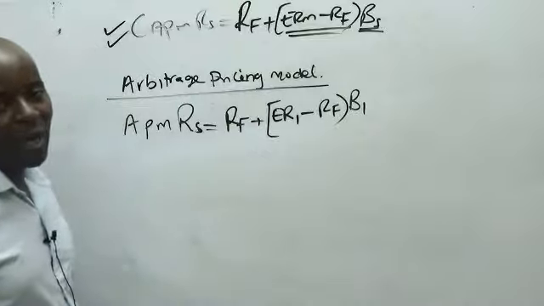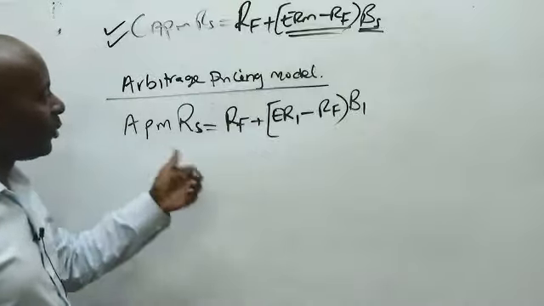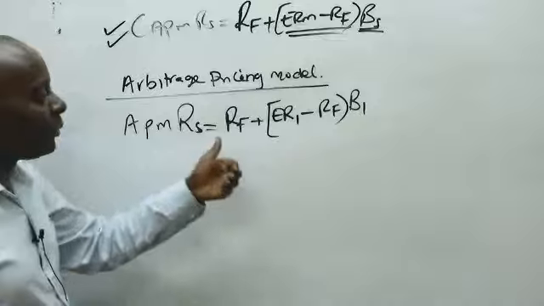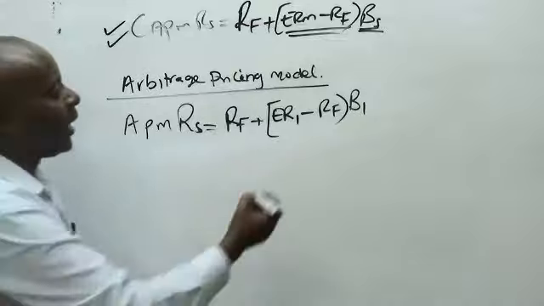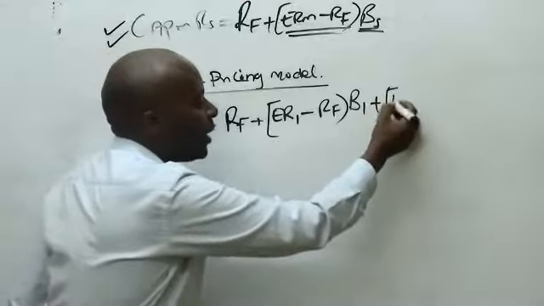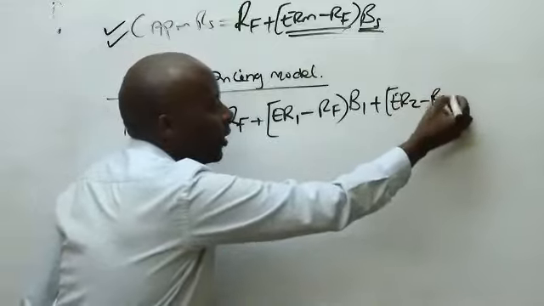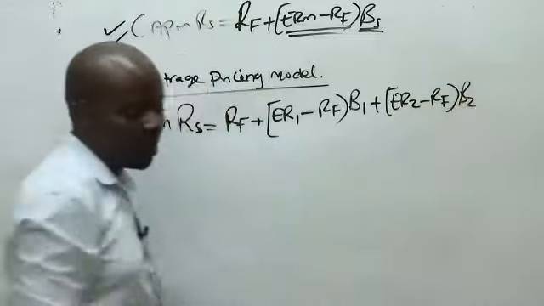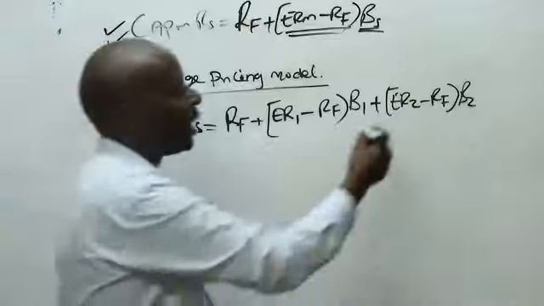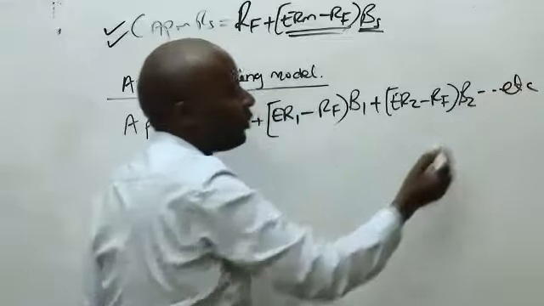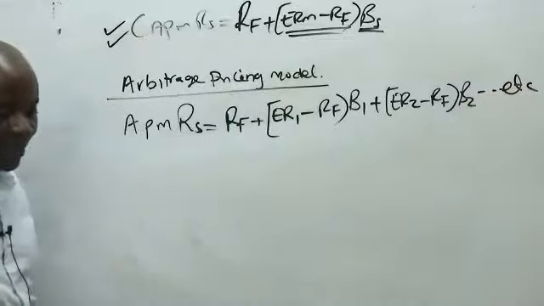I told you that APM is a multiple risk factor model. Plus, we have in this case ER2 minus RF multiplied by beta 2, and so on. APM.